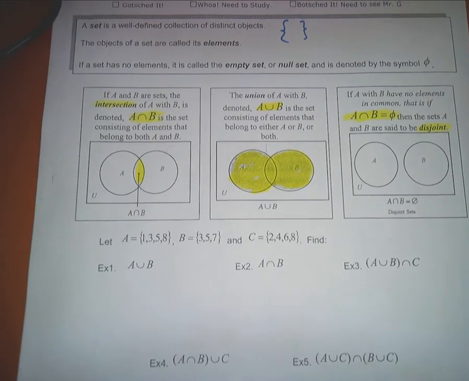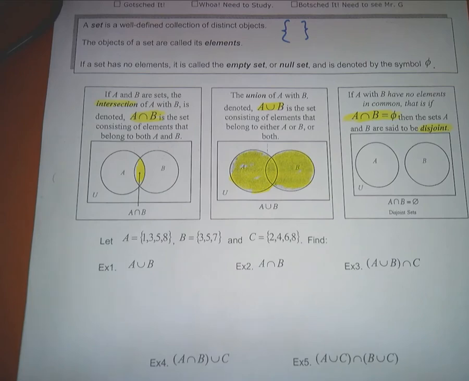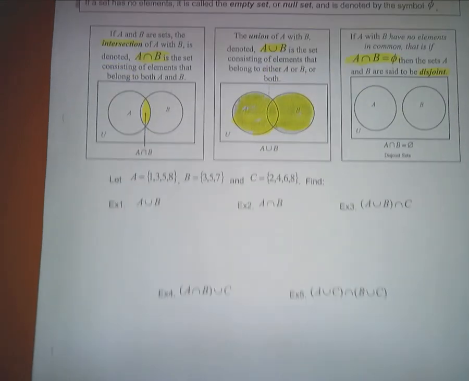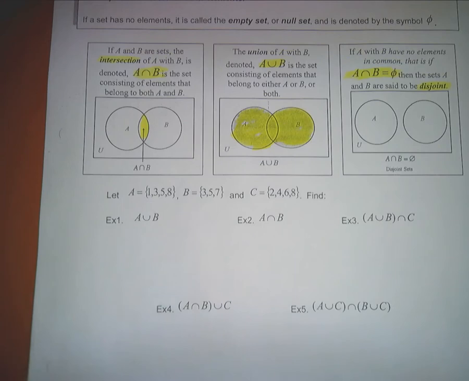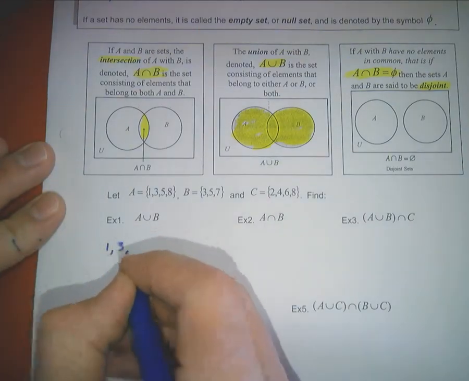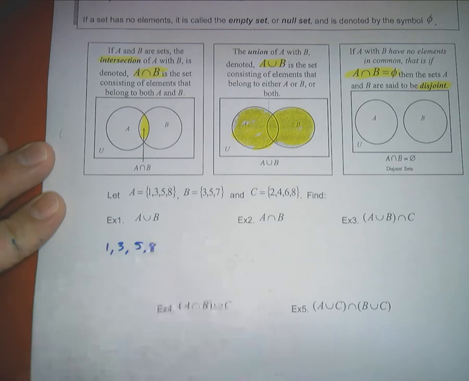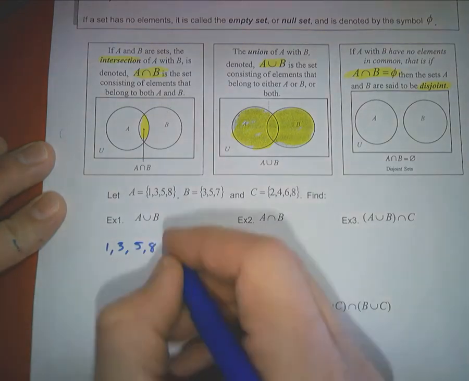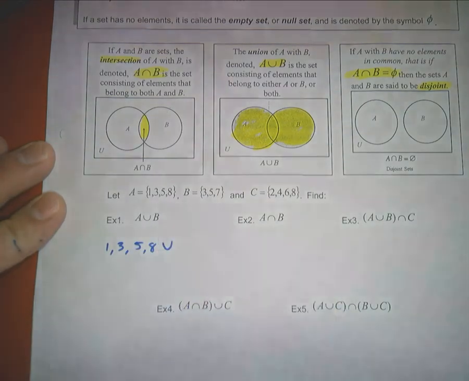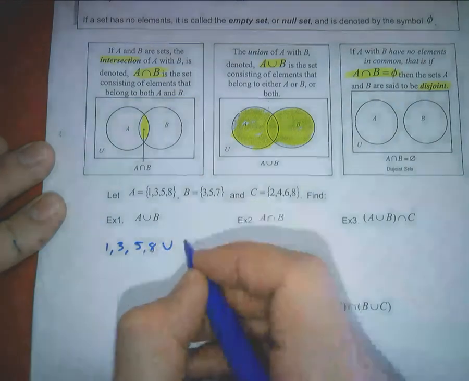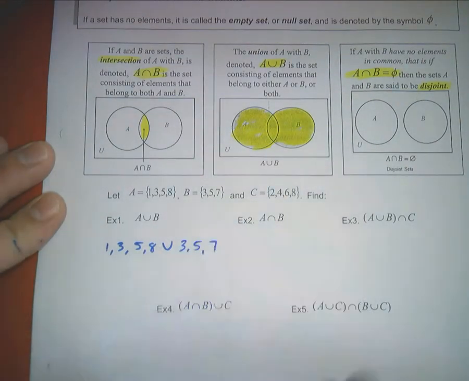All right, so we take a look at some examples here, guys. As we take a look, I got example 1. I've got the union of A and B. So I got A is, again, 1, 3, 5, and 8. And I like to write these out, especially for notes. So I'll go ahead and do that. The union of B is 3, 5, and 7.